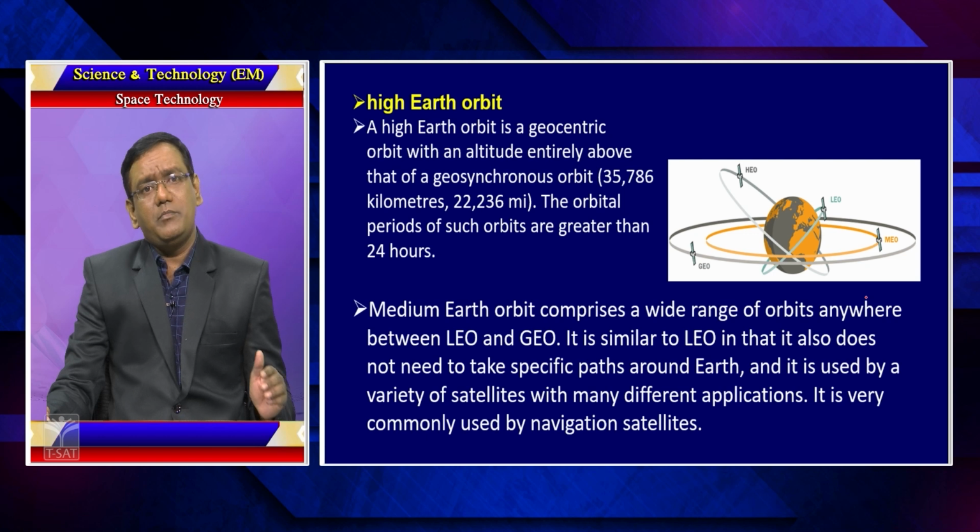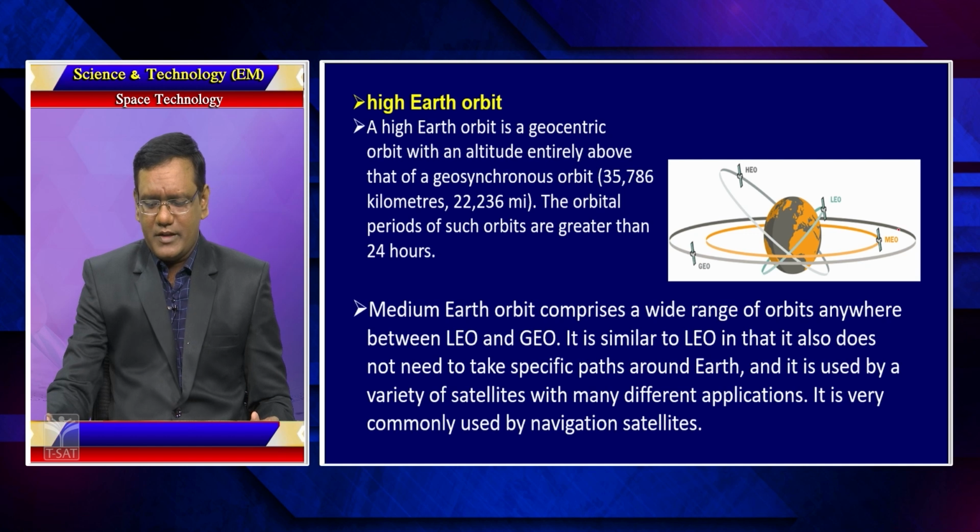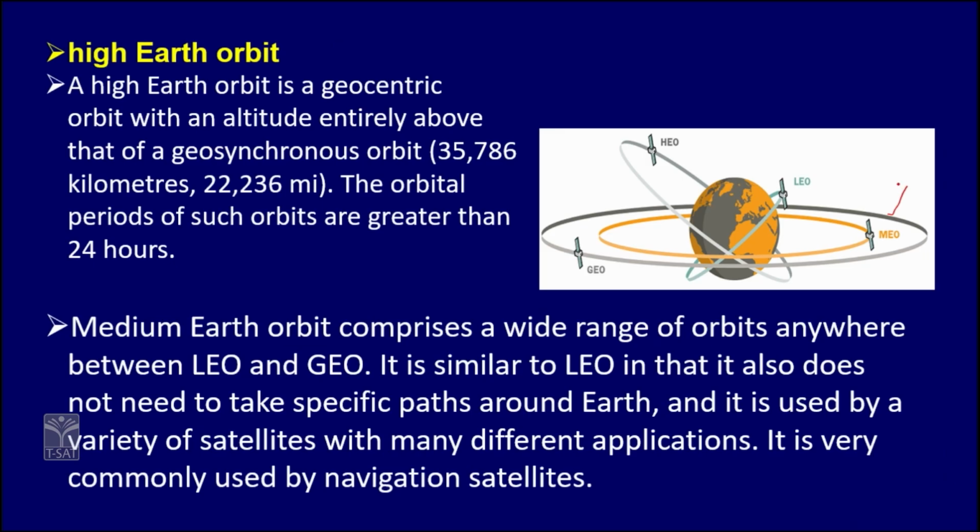The orbital periods of such orbits are greater than 24 hours. If you look at this here, the GEO orbit is around 35,786 kilometers from the Earth.